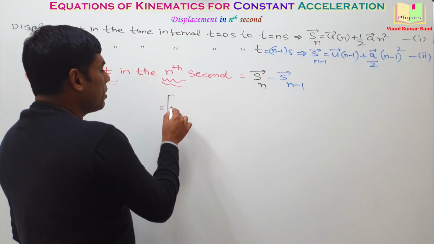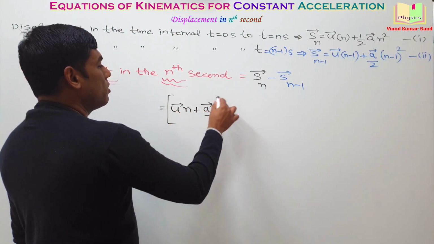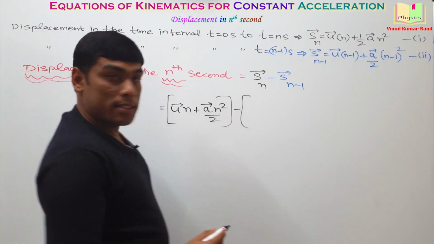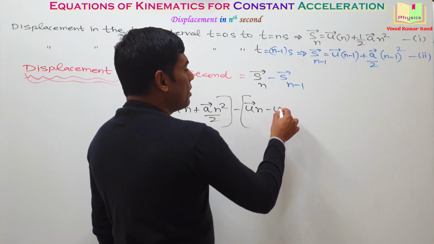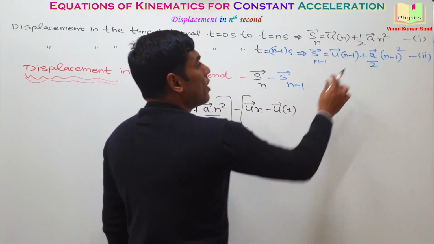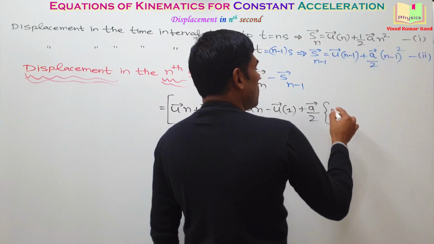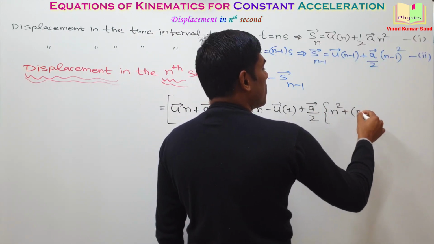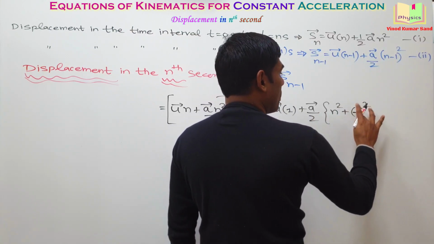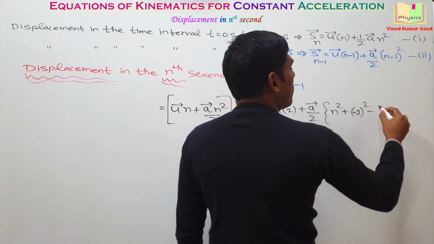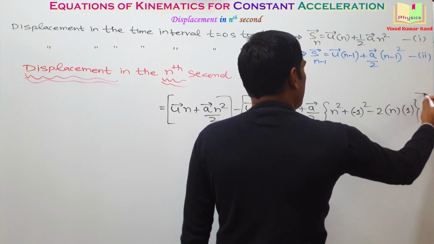Sn is already available to us, un plus an square by 2 minus Sn minus 1. So writing this, un minus u into n minus 1 plus a by 2 into n square minus n minus 1 whole square. Do you agree?